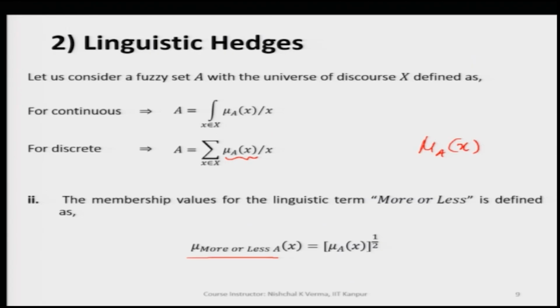So, the membership function for more or less is mu more or less of x equal to mu a of x under root.